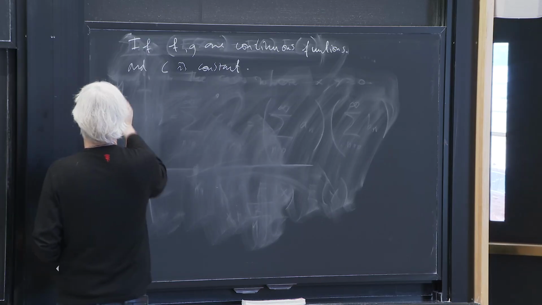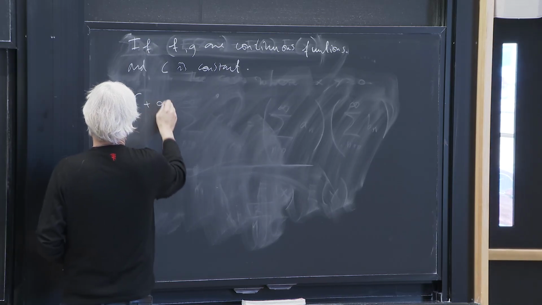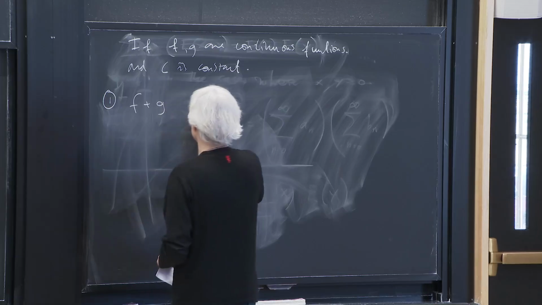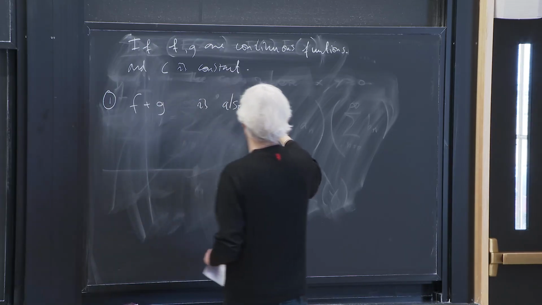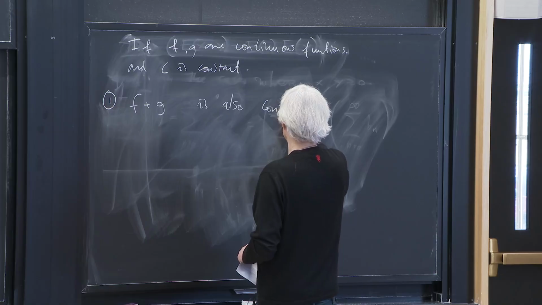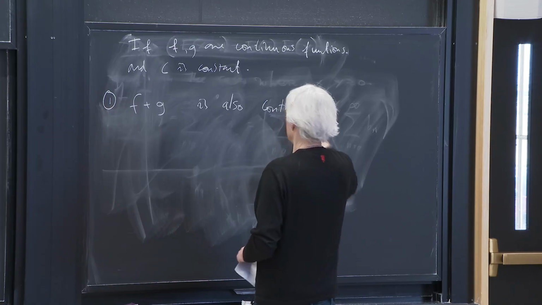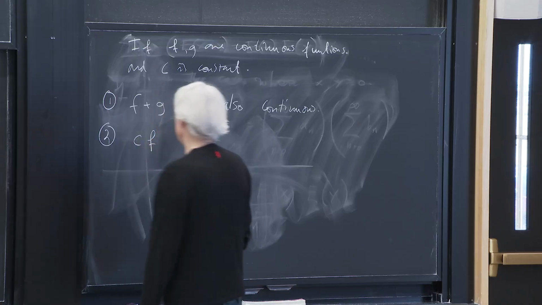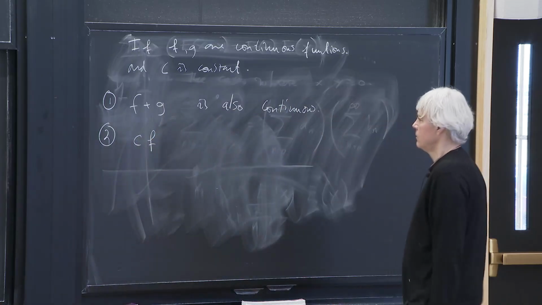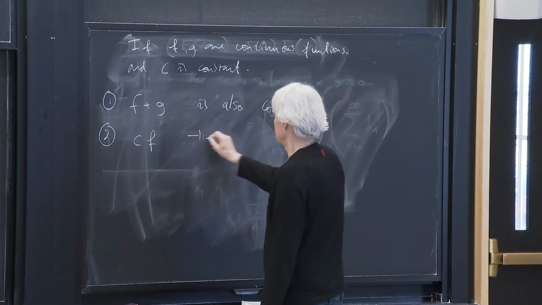We talked about that f plus g, the sum of these 2 functions, is also continuous. We talked about that if you take a function and multiply it by a constant, this is also continuous.